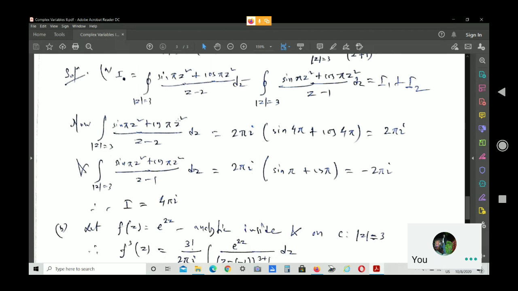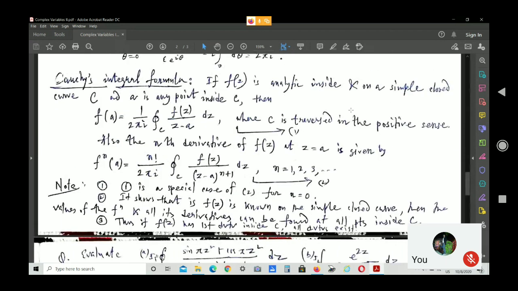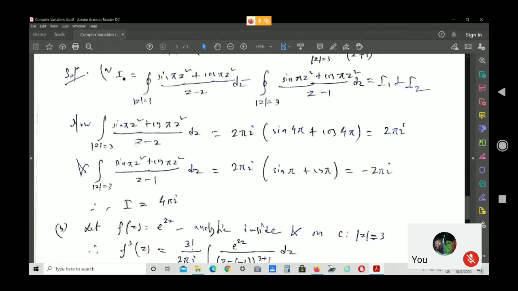This integral formula says that if f of z is analytic, and a is any point inside C, then the value of this integration of f z by z minus a is equal to twice pi i into f of a. Same situation here. This is our f of z divided by z minus a. So the value of this integration will be twice pi i into f of a, because this 2 is inside this curve.